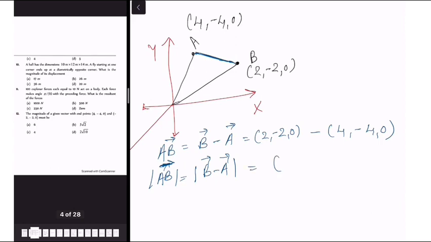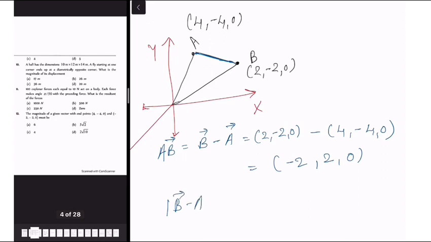2 minus 4 is minus 2, minus 2 minus minus 4, that is plus 4. So 2 and 0 minus 0 is 0. Now I should write magnitude of this, mode of B minus A, that is equals to minus 2 square plus 2 square, basically 4 plus 4, root 8.